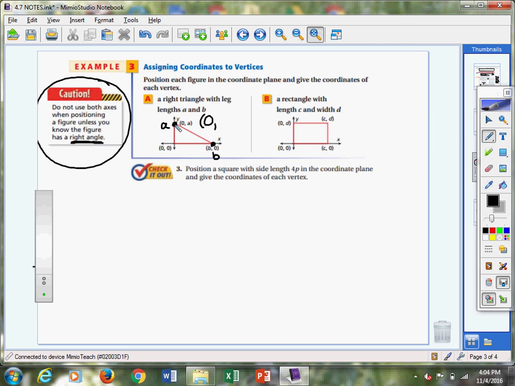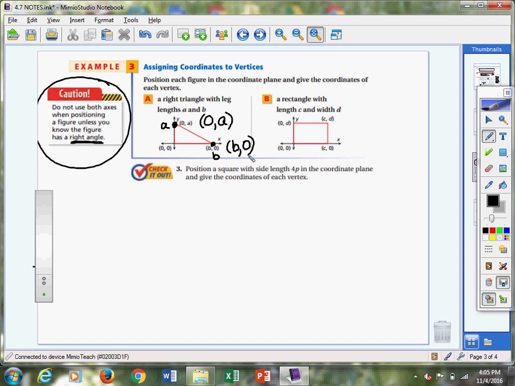If you're trying to name this point right here, then that's 0A. And if you're on the x-axis, you move on the x, but you don't move on the y. So the y is always 0 when you're dealing with an x-intercept.